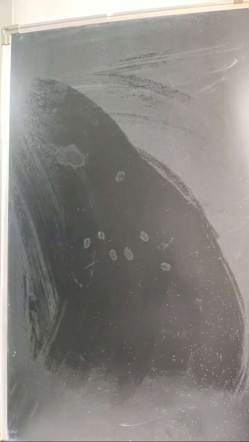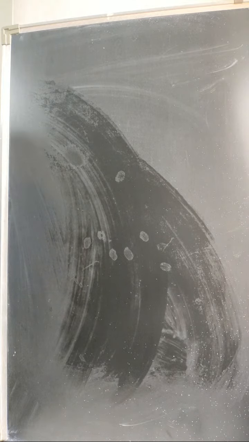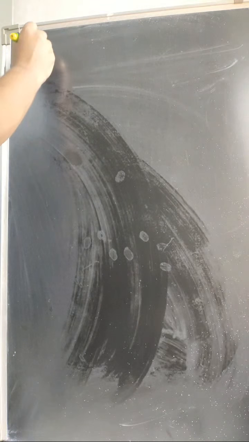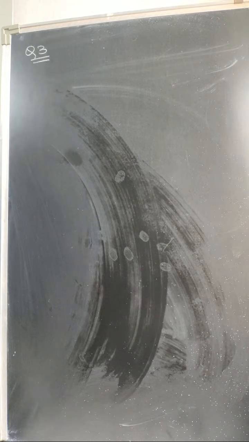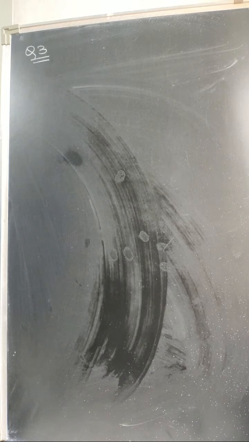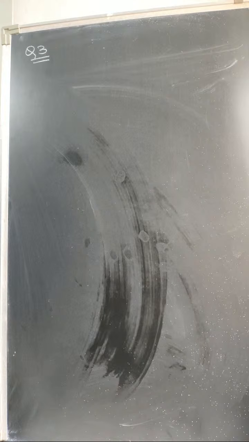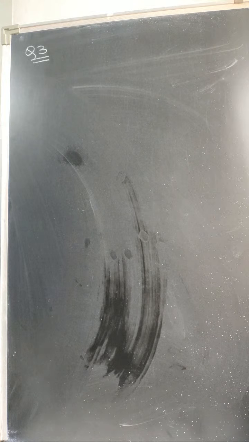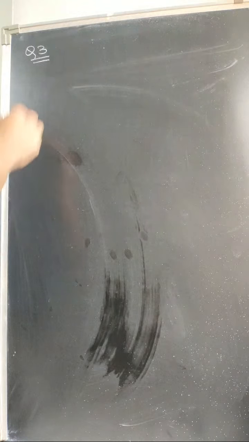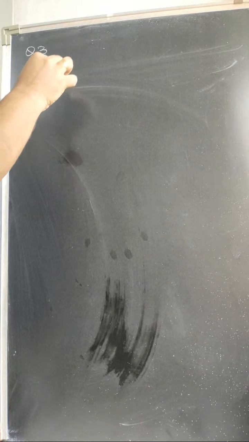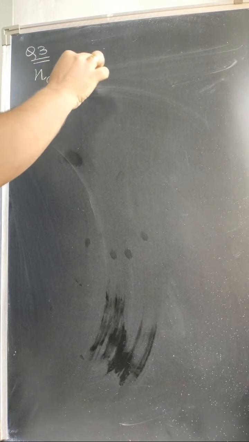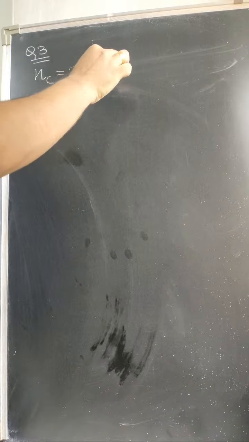Okay, students. So this was question number 2. Now question number 3. A tuning fork B produces 4 beats per second with a tuning fork C of frequency 384. So frequency C is 384.